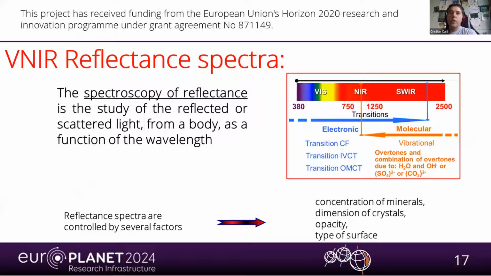So once we have this kind of data set acquired, what we can have is information on the composition of the surface, as already anticipated before. And this we are going to see in much higher detail now for the visible to near infrared spectral range, in particular concentrating on the range up to 2,500 nanometers or 2.5 micron.